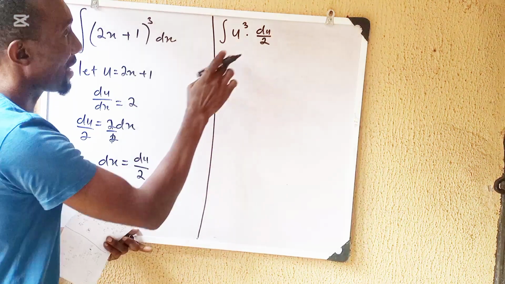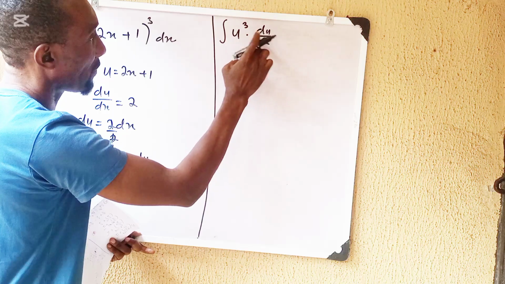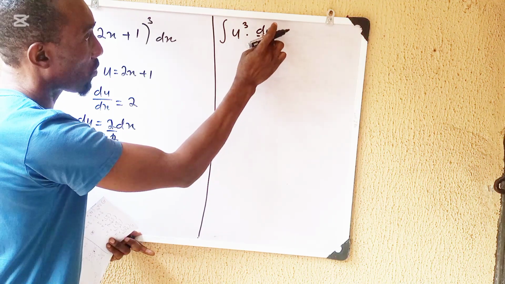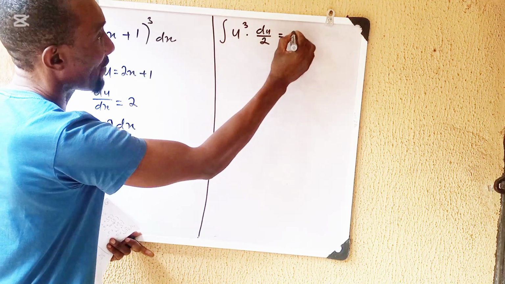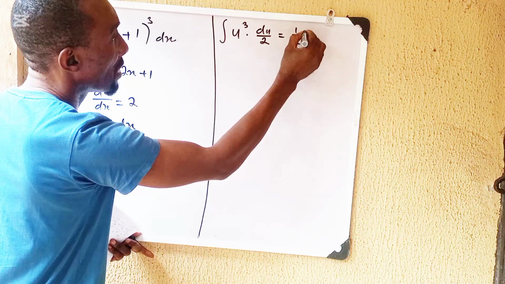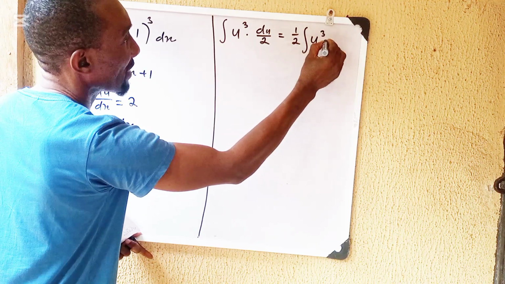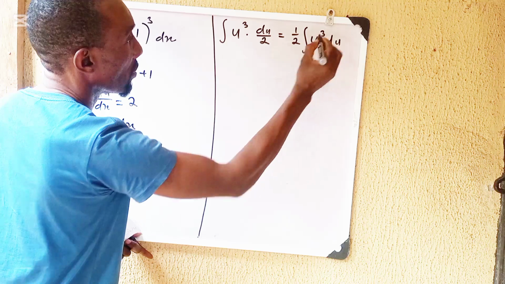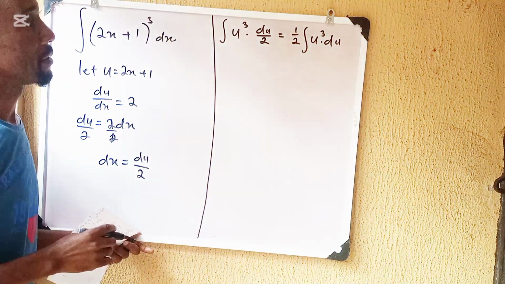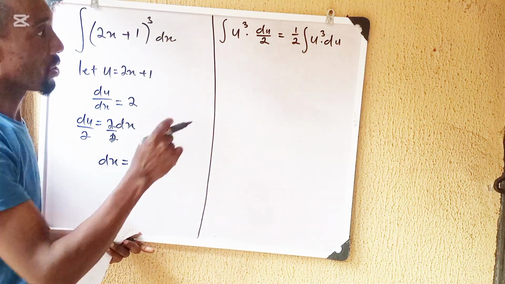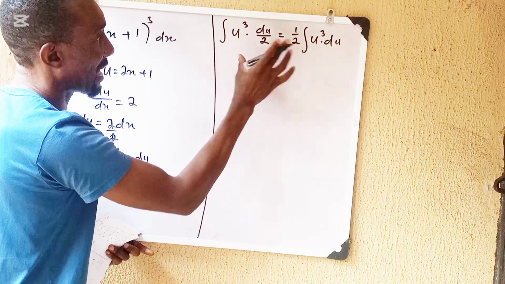And you know that this is the same thing as 1 over 2 du, so I can bring this 1 over 2 out here, which I can have as 1 over 2 the integration of u raised to power 3 du. So what do I do next? I now bring in my formula.